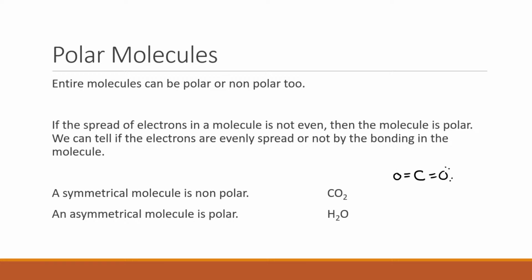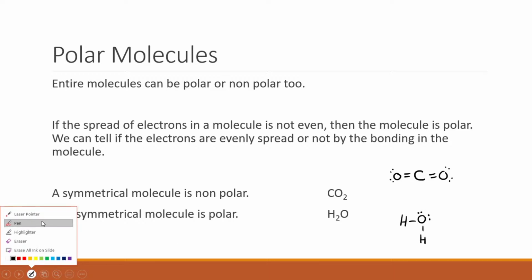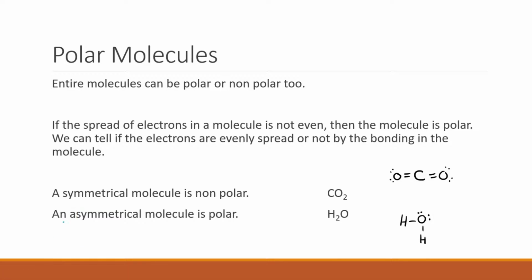And the way we're going to tell if a molecule is polar or nonpolar is by looking at the molecule for lines of symmetry. A symmetrical molecule is nonpolar. Something that has multiple lines of symmetry.